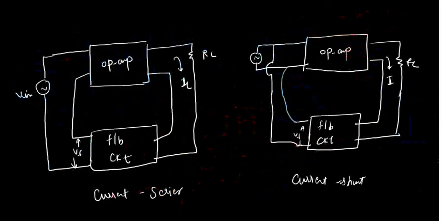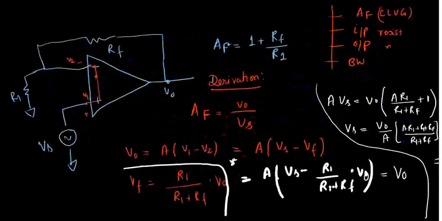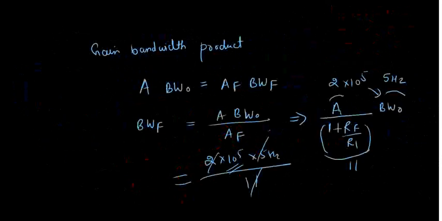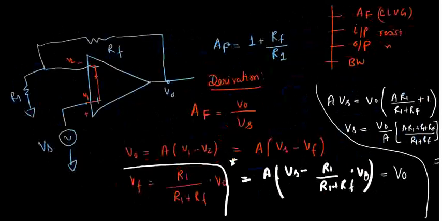Feedback gain was 1 plus RF by R1 for the ideal conditions, right? When AR1 was far greater than R1 plus RF. So this is what we derived here, right?